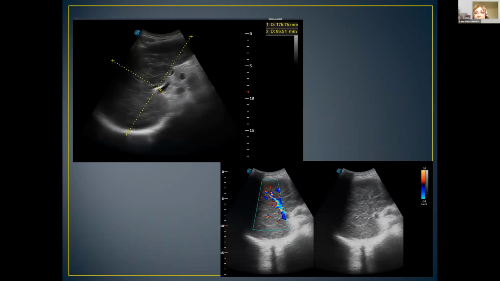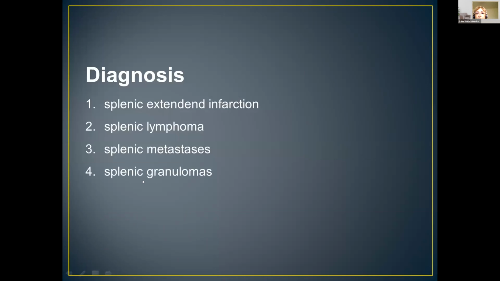We can find on B-mode ultrasound another inhomogeneous spleen, quite similar to the spleen that we have seen before, and some round lesions that might be adenopathies, but might be accessory spleens. What do you think this spleen is? It's an extended infarction of the spleen, a splenic lymphoma, splenic metastasis, or splenic granulomas.